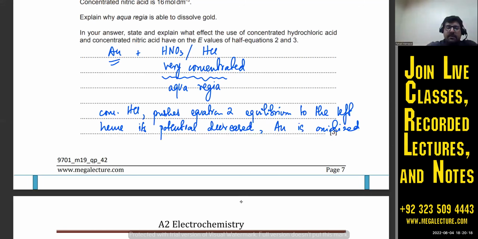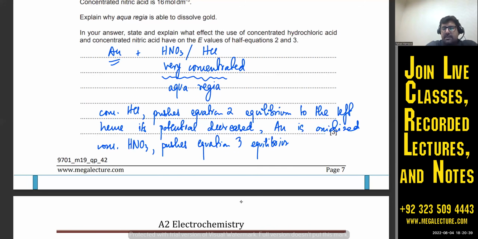Or vice versa, using concentrated nitric acid, it pushes equation 3 equilibrium to the right.